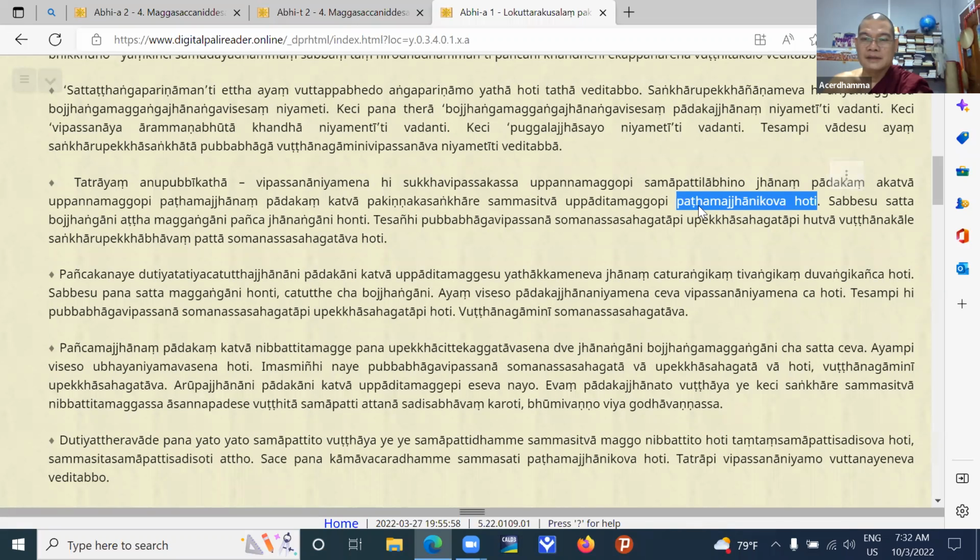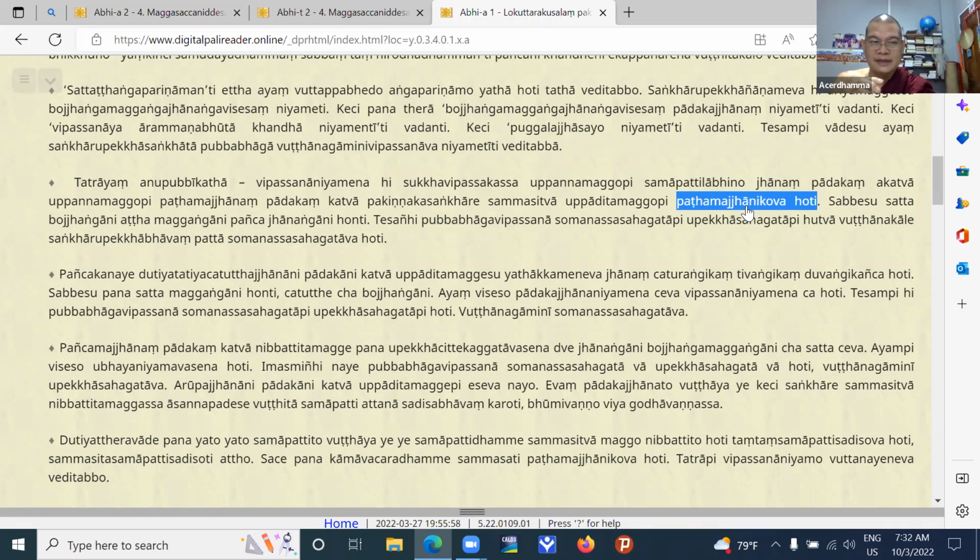So when it says patamajjanang padakang katva, what does it mean? Does it mean that he entered into the first jhana? Or he is just taking the first jhana as the object without entering? No, he explained here about the first jhana magga. He emphasized the first jhana magga.